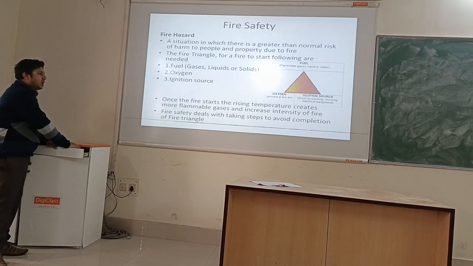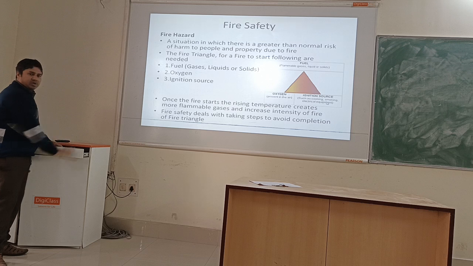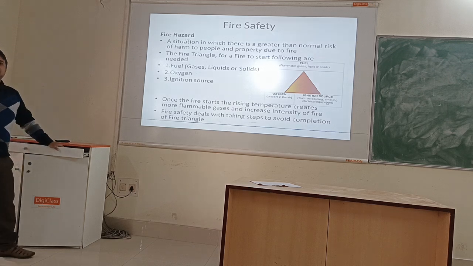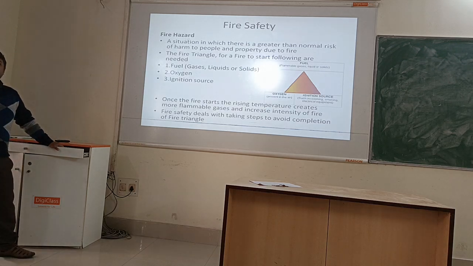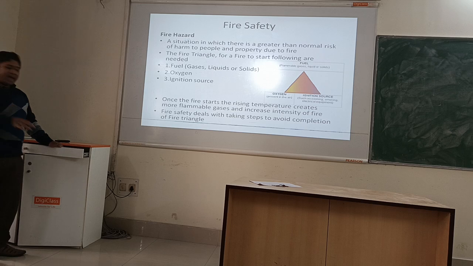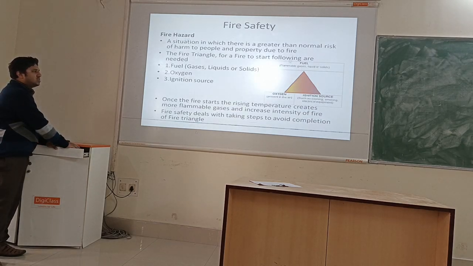For the ignition source, we have to check that no ignition source is close to the fire hazard which could possibly catch fire, and that the fuels are safely placed. In the household they should be safely placed so that the fire triangle can be avoided, and any one part can be made sure not to happen.